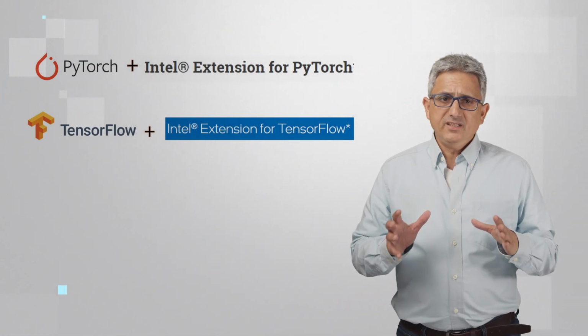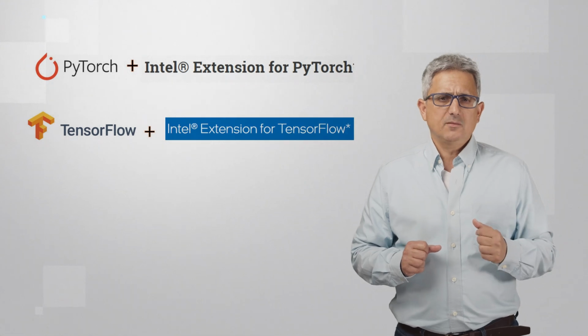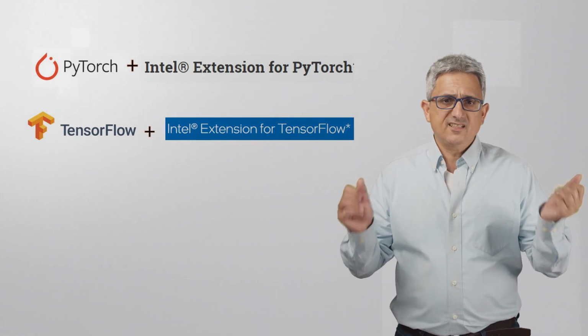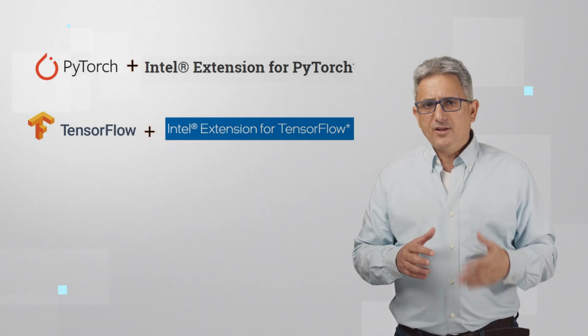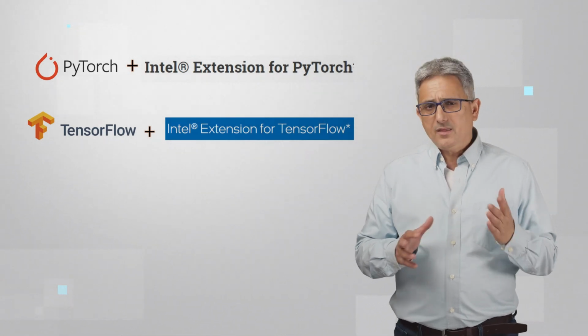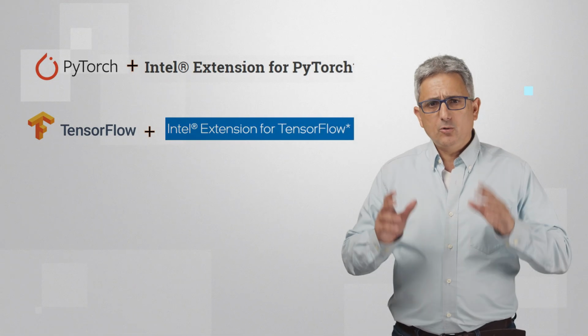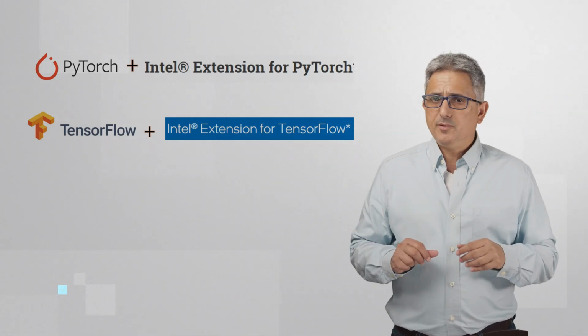We've seen how OpenVINO can accelerate your AI workloads across multiple devices, but what if you want to run inference using PyTorch or TensorFlow and you do not need the full performance boost that OpenVINO offers? In that case, both TensorFlow and PyTorch, along with other frameworks, will work as is on Intel CPUs.